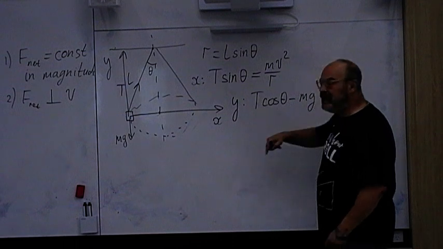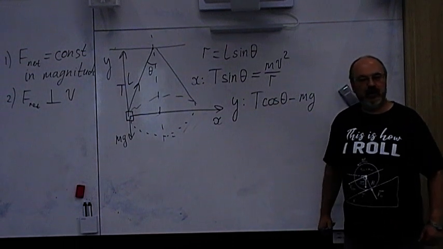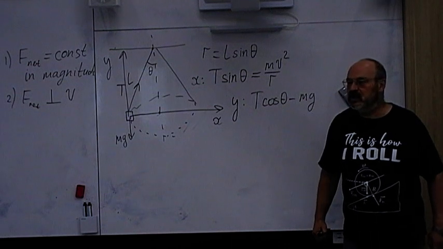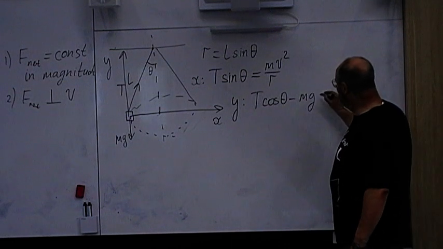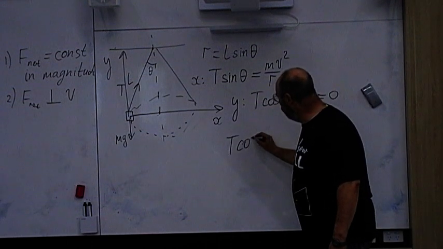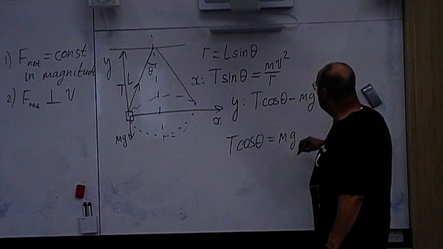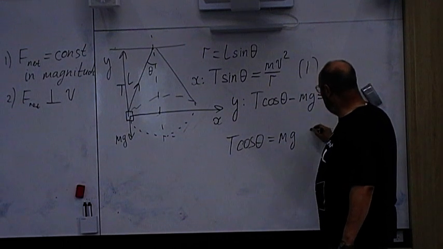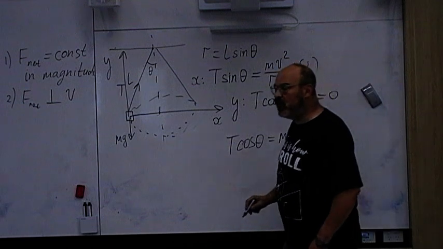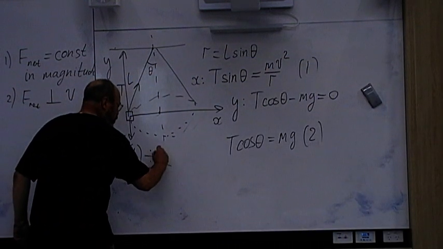Because it's at the same level all the time, the resultant force vertically is 0. I will rewrite this as T cos theta equals mg. So you have equation 1 and equation 2. Let's divide equation 1 by equation 2.